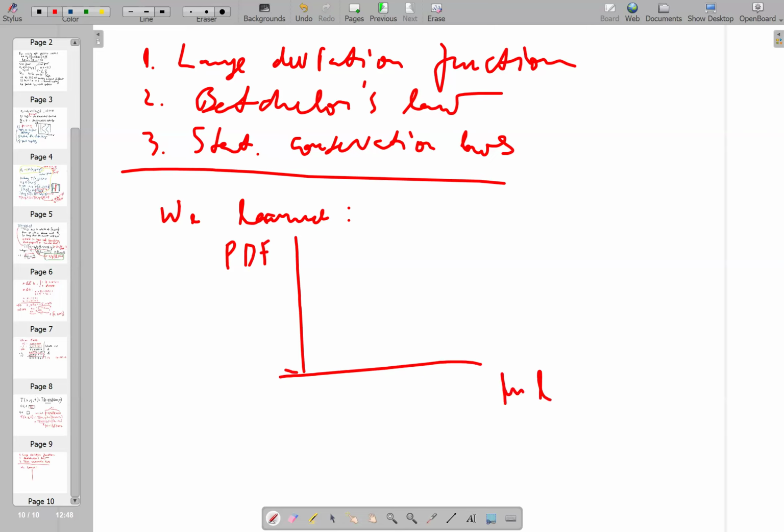And then it evolves into something like a normal distribution in this case, which is log normal.